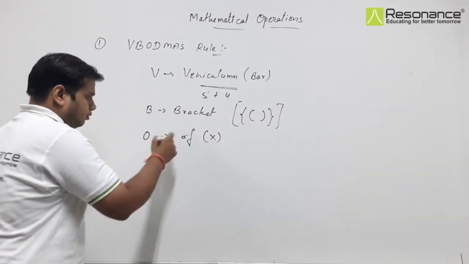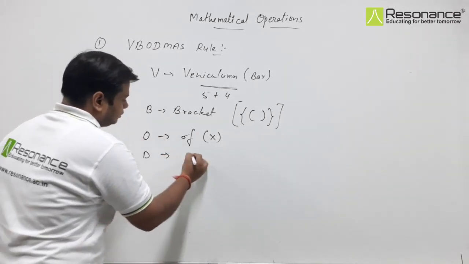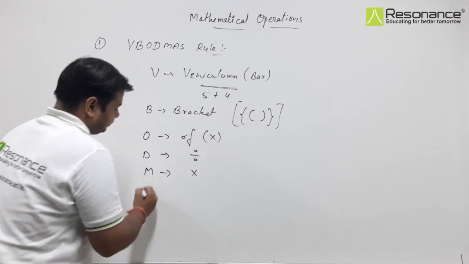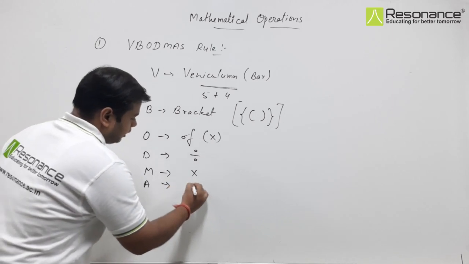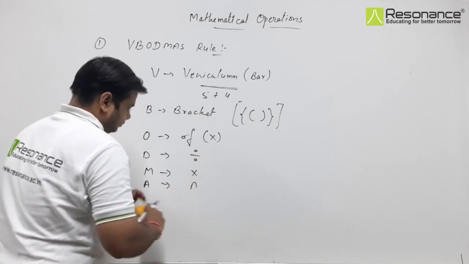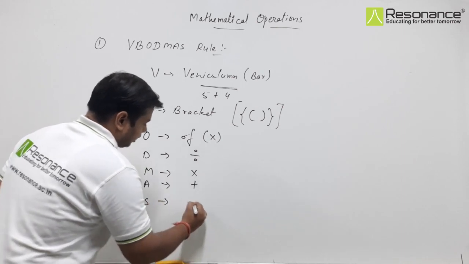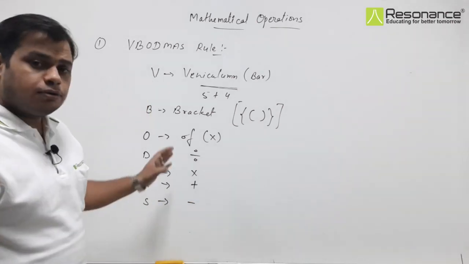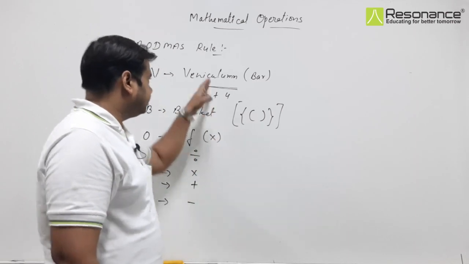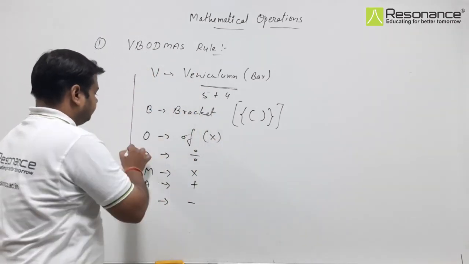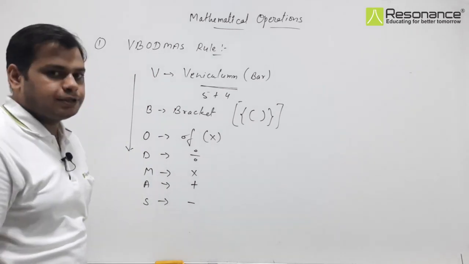Remember this thing. O means of. D means division. M multiplication. A addition. And S subtraction. So to solve any kind of mathematical equation, this is the procedure. We have to follow this rule to solve any kind of mathematical equation.